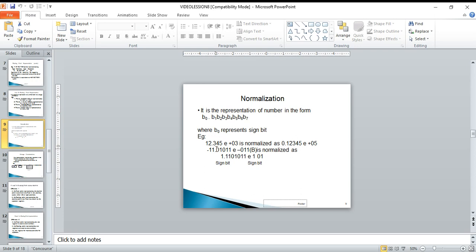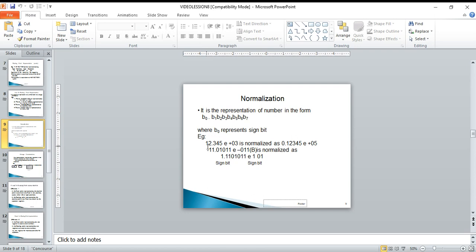Take one more number, a binary number. How can you normalize this number? Minus 1. These are the bits: 11.01011. As per the normalization form, this binary point should be moved to the left.